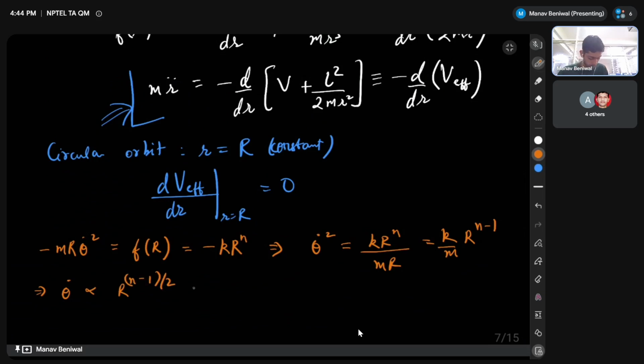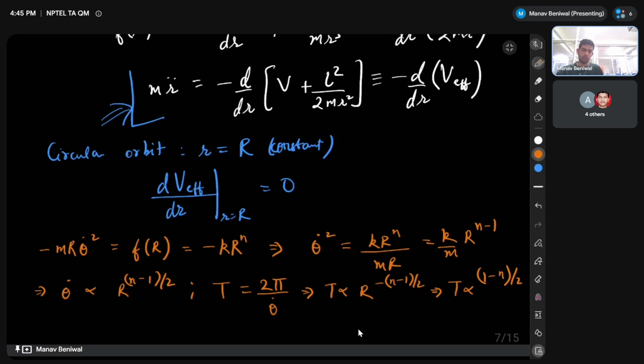Also my time period T is nothing but 2 pi by omega, and omega is theta dot, so 2 pi by theta dot. So T is proportional to r to the power minus (n minus 1) by 2, which implies that T is proportional to r to the power (1 minus n) over 2.